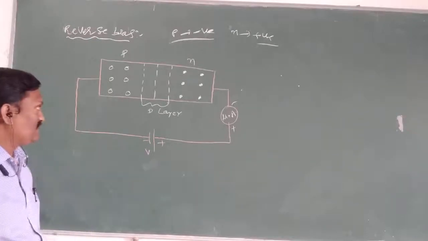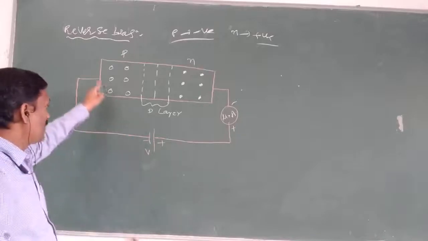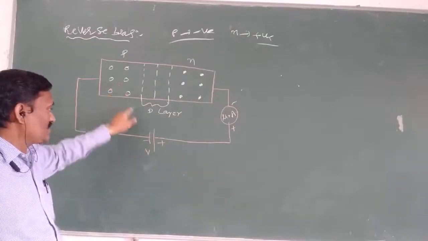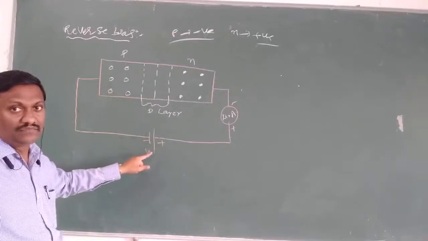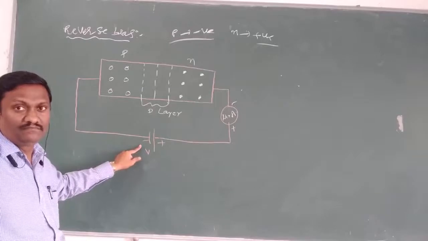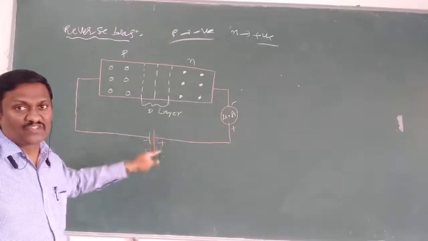But in reverse bias, what about the working? The P region is connected to the negative polarity. Holes have positive charge, and they are connected to the negative polarity, so we know there is attraction between positive and negative charge.